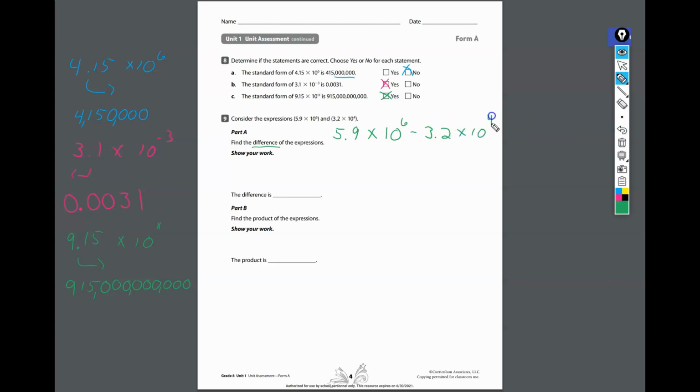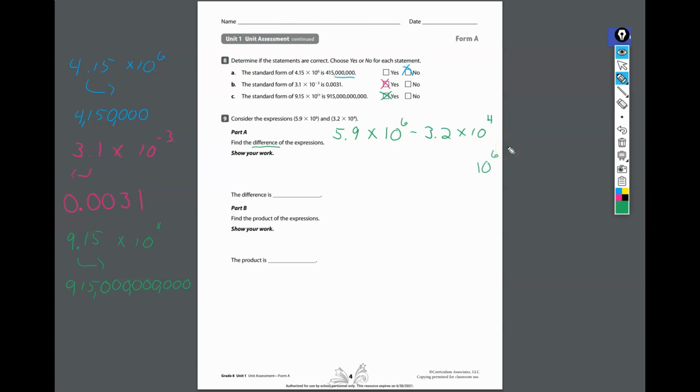Same base of 10. So notice I have an exponent of 4 and I have an exponent of 6. What I want to do is make the small exponent like the big exponent. So I want to make this 4 into a 6.